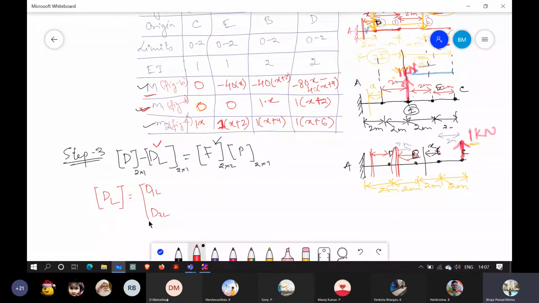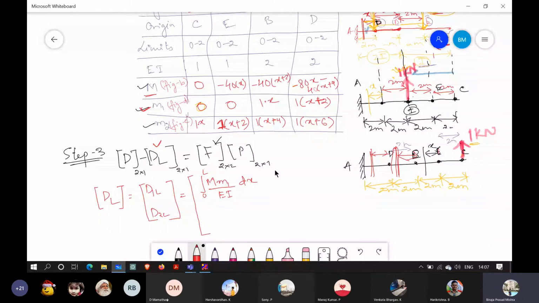So this D1L will be given by the integration 0 to L of M into m1 divided by EI into dx.